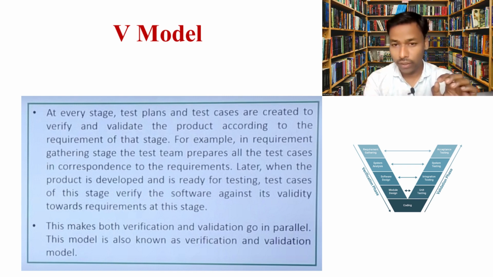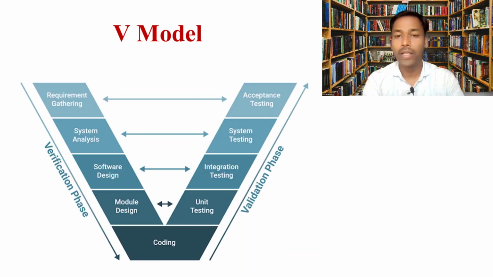Later, when the product is developed and ready for testing, the test cases of this stage verify the software against its validity towards the requirements. So wherever we gather requirements, there is a plan or some test cases, and when the software is delivered and acceptance testing is done, we can run these tests to check whether the software gives the correct answer in the correct format with the correct precision.